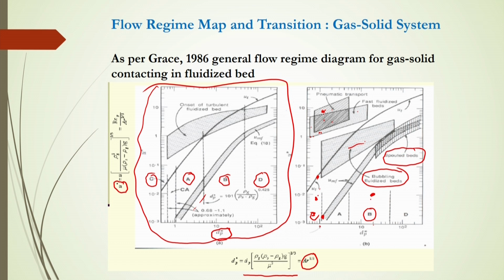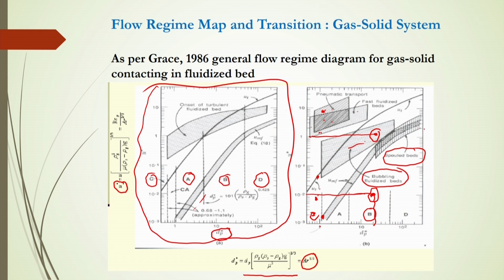It will be the spouted region here, because at any location by this combination of points you can get spouted. Even if dp star is equal to 11, you can get bubbling fluidization only when u star is equal to 1. So, this is the phenomenon.